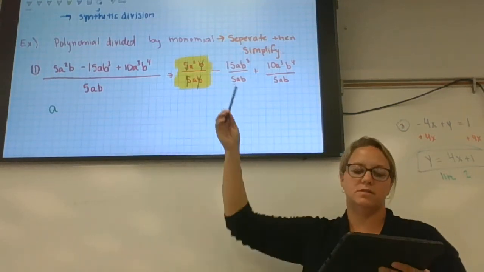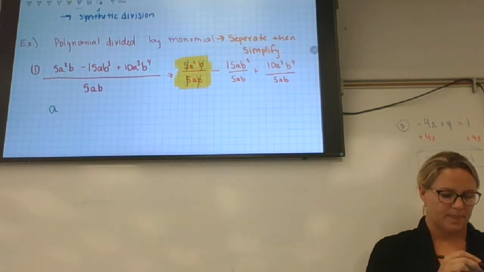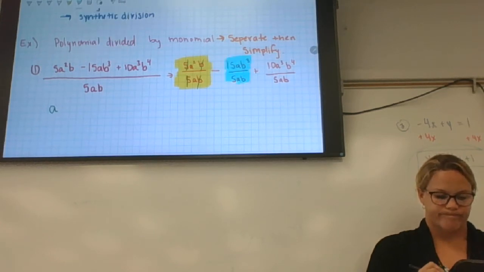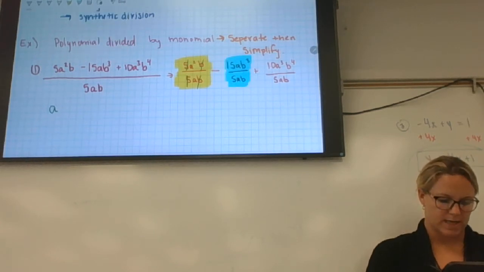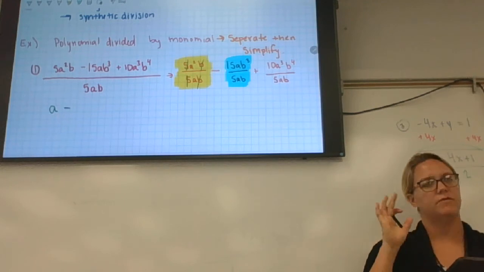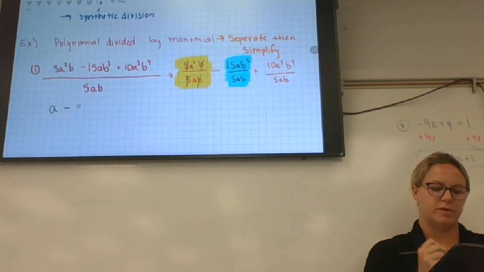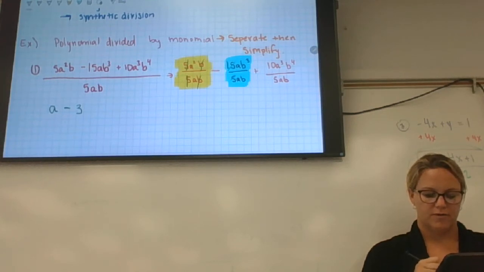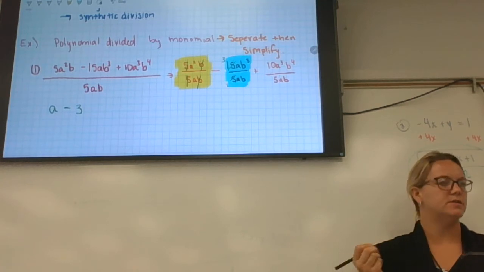Now we'll reduce the second one. Minus 1. 15 divided by 5 has always been 3. 5 goes into 5 once, and 15 3 times. A's cancel.